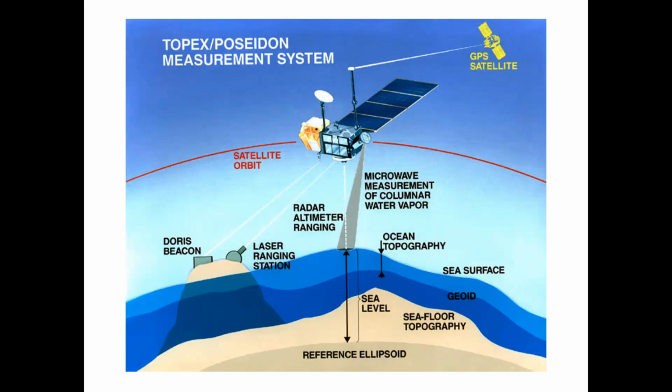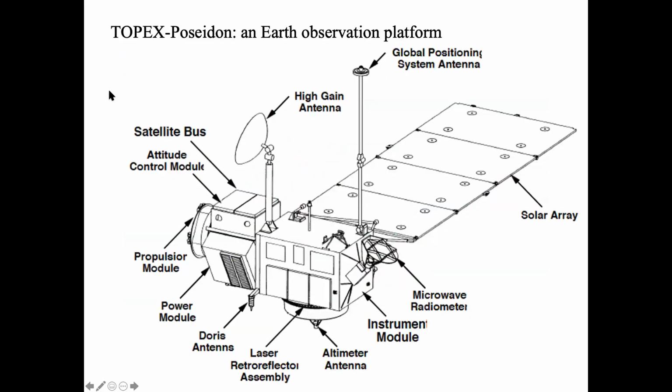So the TOPEX Poseidon mission is a very peculiar Earth observation mission devoted to the measurement of the sea level rise, and in general characterize seas, waves on seas, tides, etc. So what you see here is the spacecraft as it was, and we will describe it.